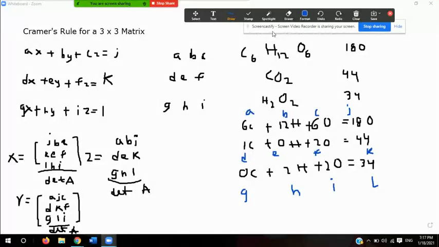So I'm going to erase this part of the equation so that I can find the determinant.